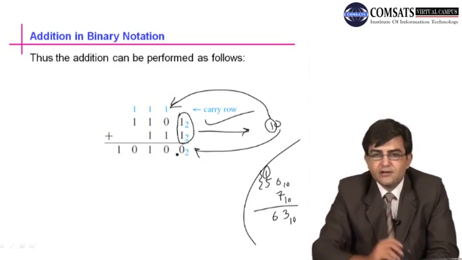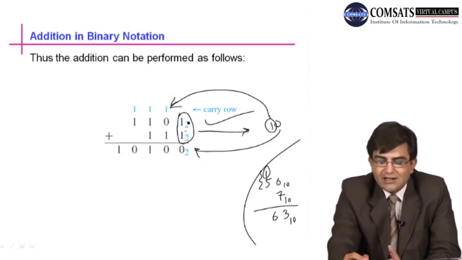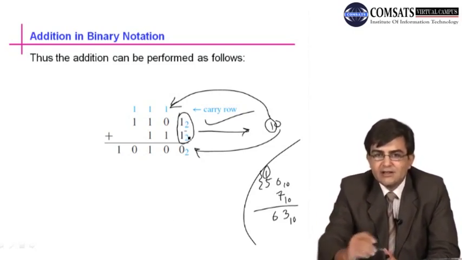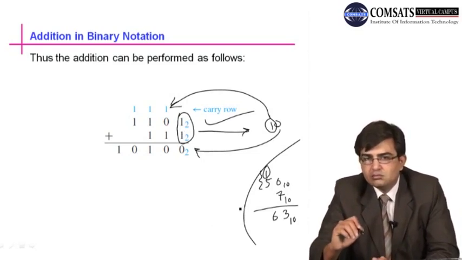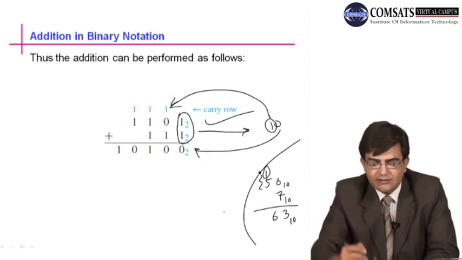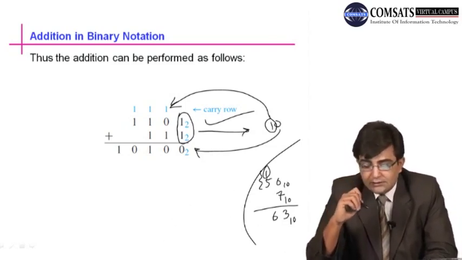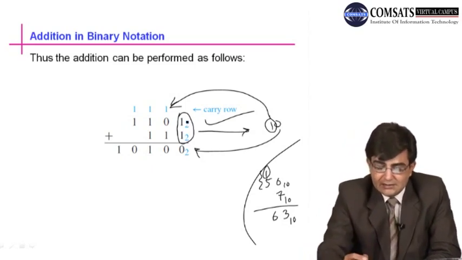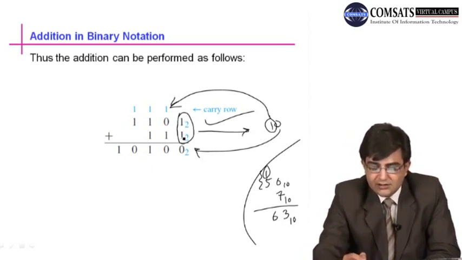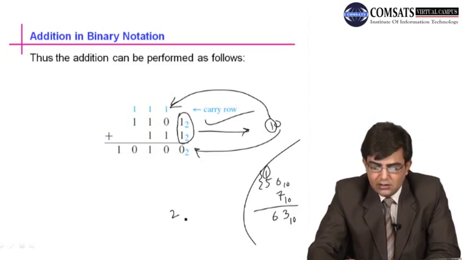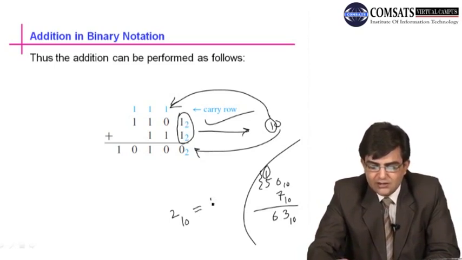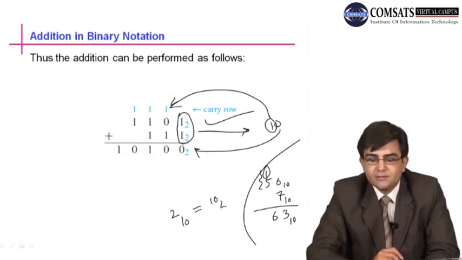Now here in binary notation, when the sum of two binary digits reaches 2, we divide it by 2, as you have already read in earlier classes. So 1 plus 1 is basically 2. In decimal representation, 2 base 10 is equal to 10 in binary representation.